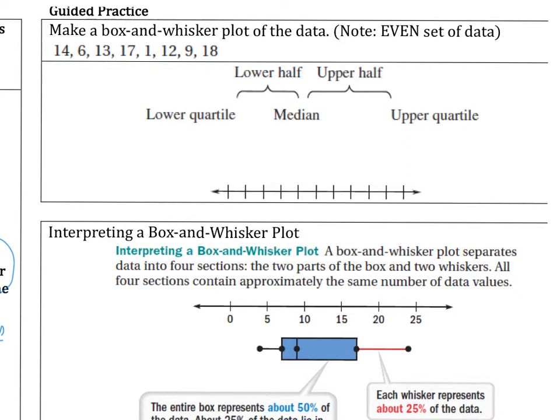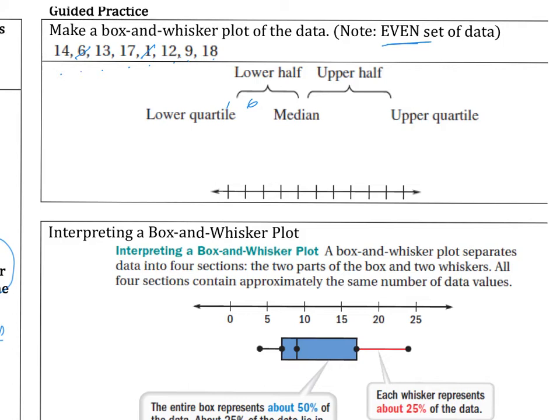Okay, let's practice making a box and whisker plot with an even set of data. So first of all, let's see how many values we have. 1, 2, 3, 4, 5, 6, 7, 8. Okay, so 8. And the smallest one happens to be 1. So I'm going to put 1 here. And the next one will be 6.